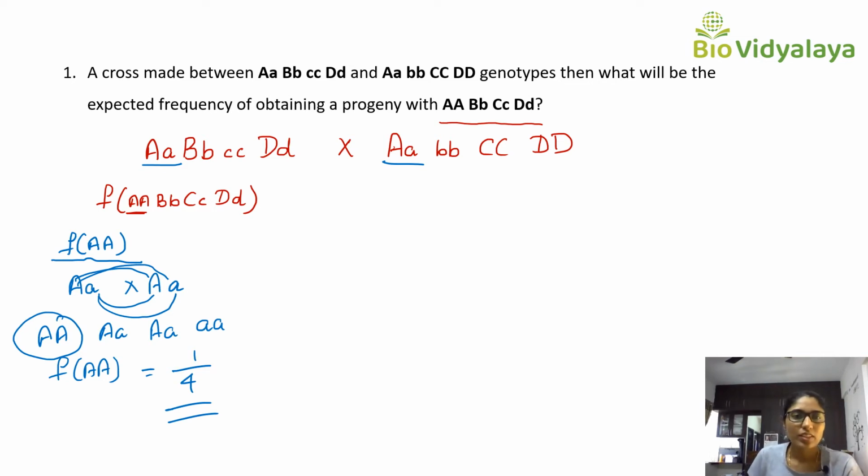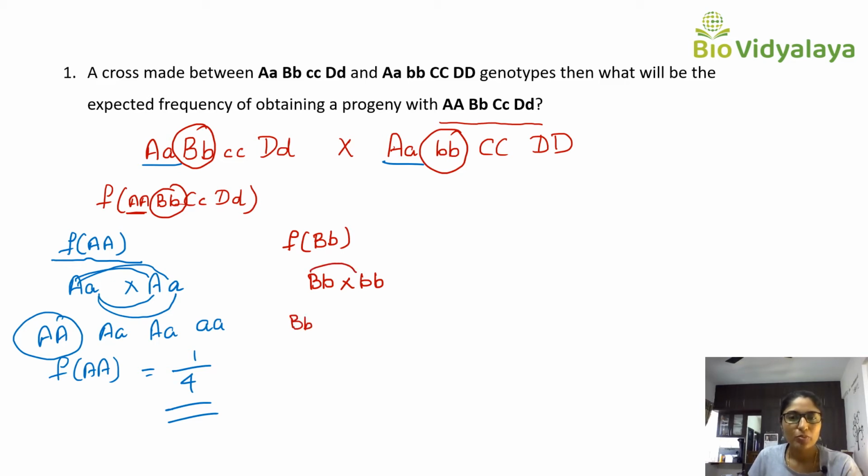So next we have to find the frequency of capital B, small b when crossing capital B, small b with small b, small b. So the gametes are capital B, small b, capital B, small b, small b, small b, and small b.